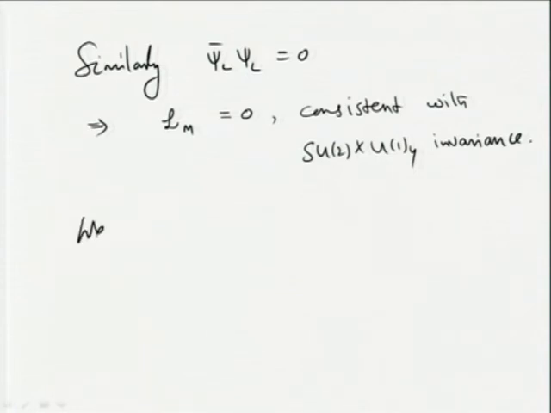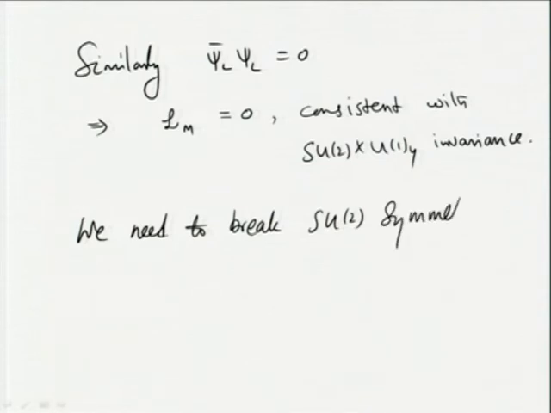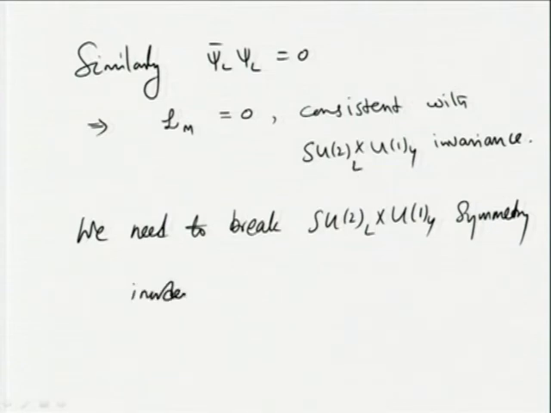Okay? We need to break SU2 symmetry or SU2 cross U1 symmetry in order to have a mass term for the Lagrangian.